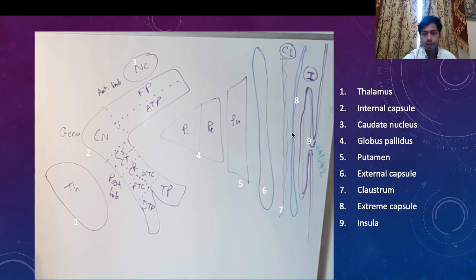This is the extreme capsule. 7 is the claustrum, and then 6 is the external capsule, which is distinguishing the differences between the internal capsule and the outside of the cortex. And then here, number 5 is the putamen, and then we've got our globus pallidus here. So this is our globus pallidus externus here, and this is our globus pallidus internus.